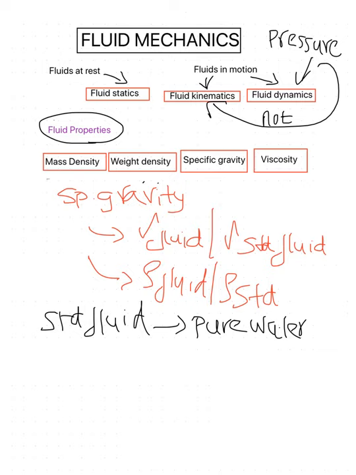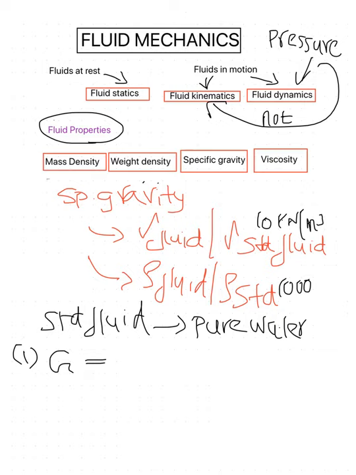Now we know the standard fluid being water, its values are 1000 if it is rho, and 10 kilonewton per meter cube if it is weight density. Okay, now for a slight example, let's say the given fluid is water itself. So let's calculate the specific gravity.